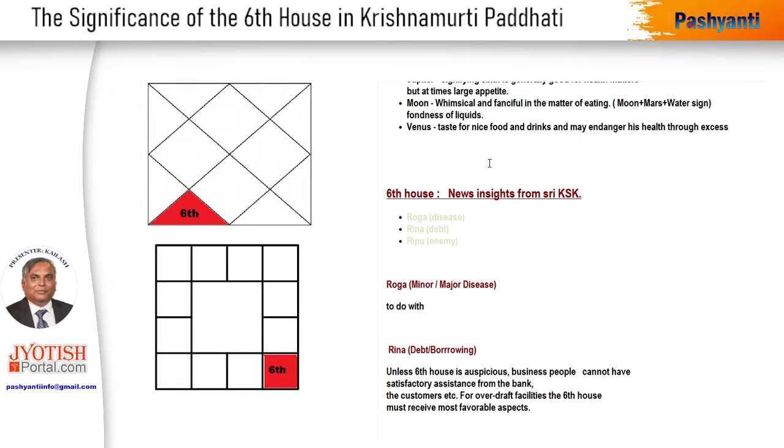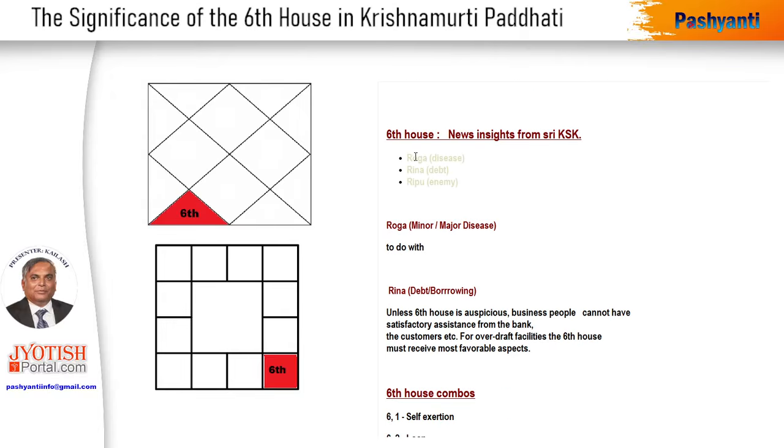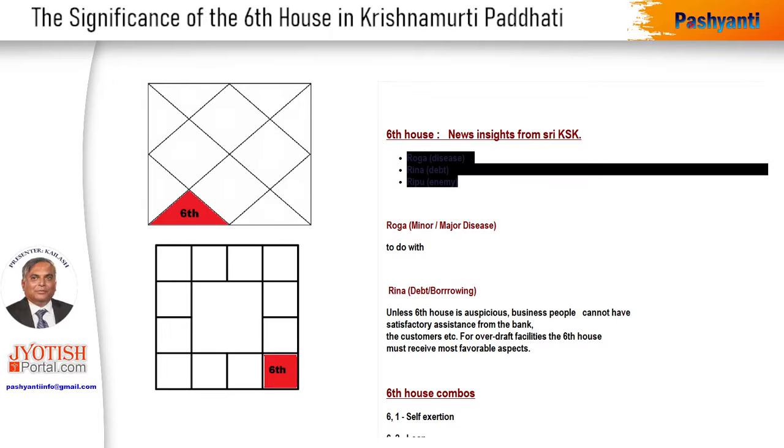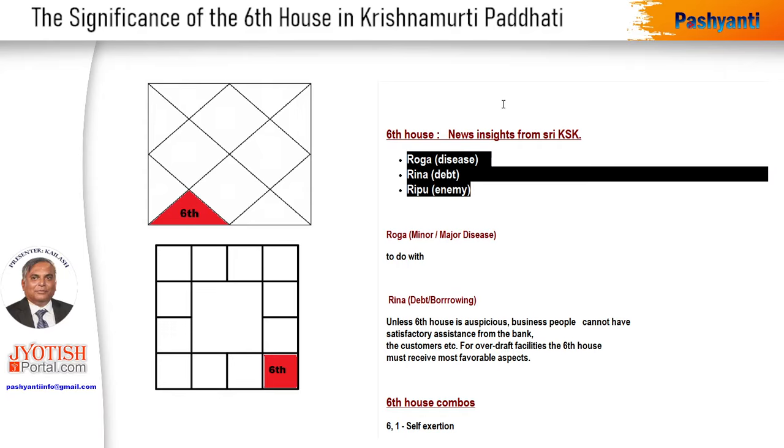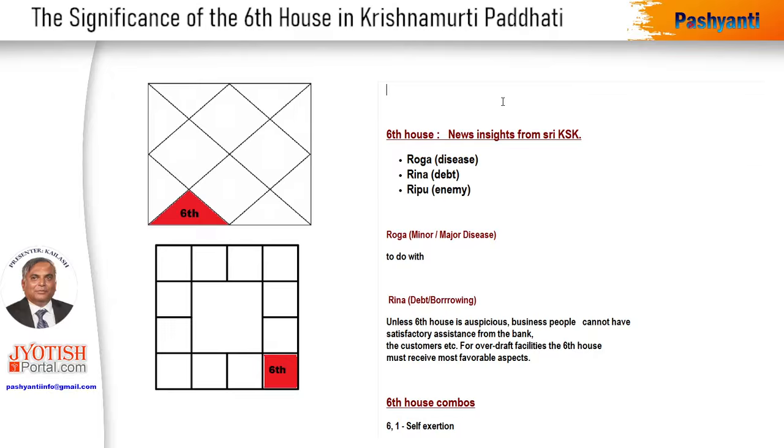Now let's look at the usual role that the sixth house plays, and which we are all familiar with. Whether you follow the traditional astrology or whether you are following the KP or some other astrology, the sixth house stands for the triple R. And what are those triple R?